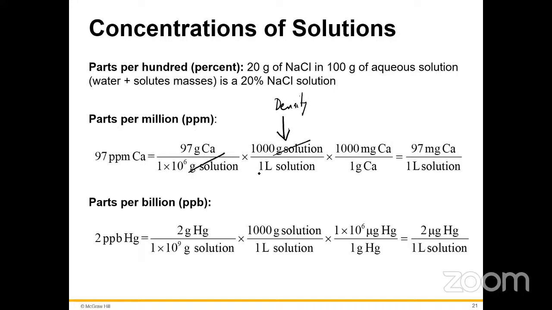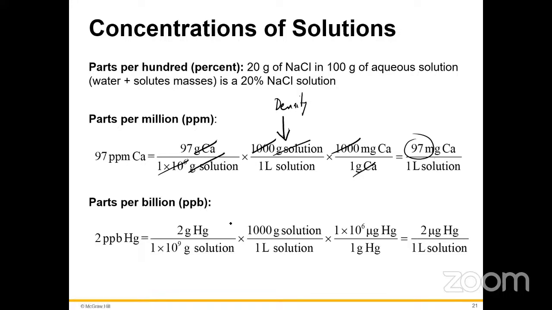So basically we're going to be left with the liter of solution here. And then this gram of calcium will cancel out this gram of calcium. So you'll be left with milligrams of calcium above here. This 1,000 and this 1,000 will cancel out this million right here. So therefore you end up with the same numerical value, but this time expressed in milligrams per liter of solution.